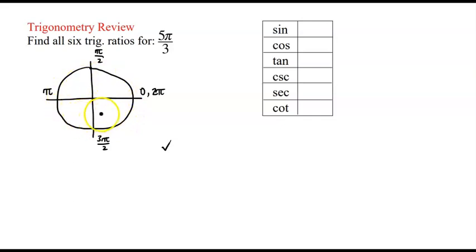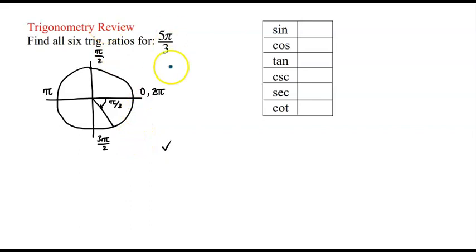When we're talking about an addition or a positive value, that means we're traveling counterclockwise. So to get to 5 pi over 3 from 2 pi, I need to subtract, traveling in the clockwise direction, pi over 3. Meaning that pi over 3 is our reference angle.